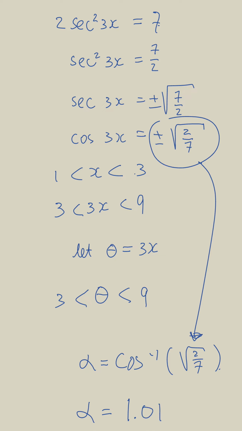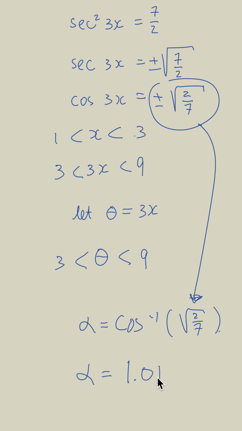So don't forget to change your calculator mode to radian mode. 1.01 radian. That's how we get alpha.